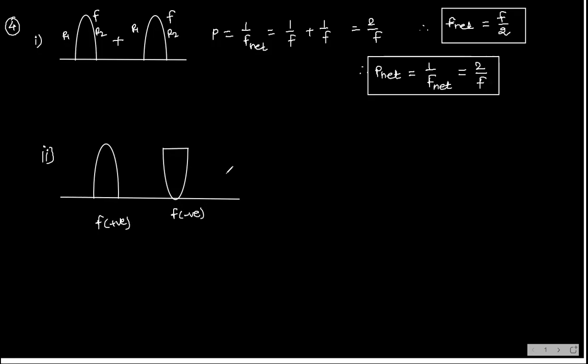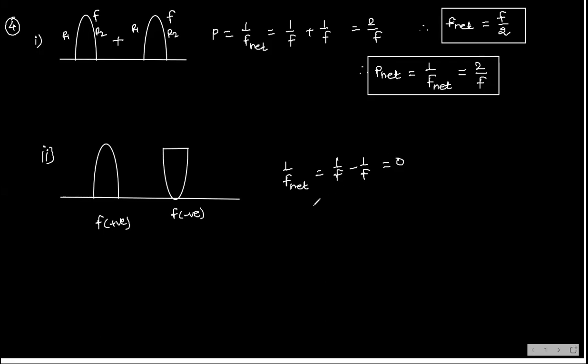Okay, right? And in this case, 1 by F net is equal to 1 by F minus 1 by F, which is equal to 0.